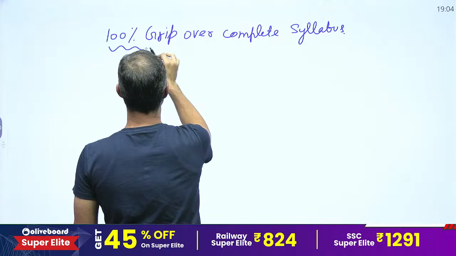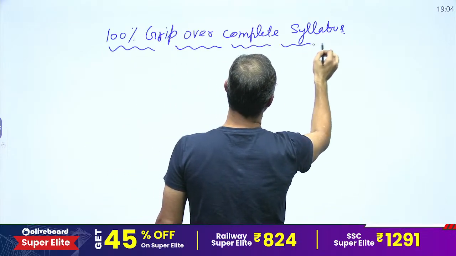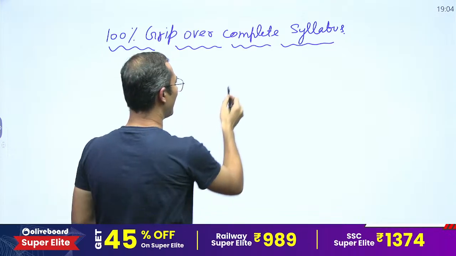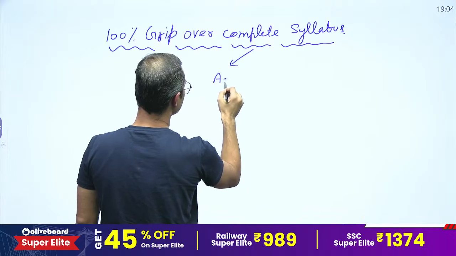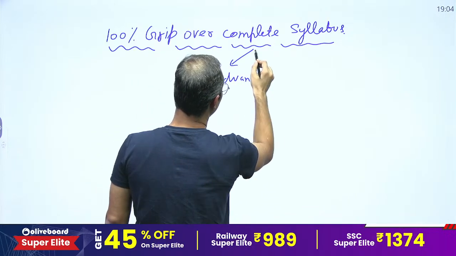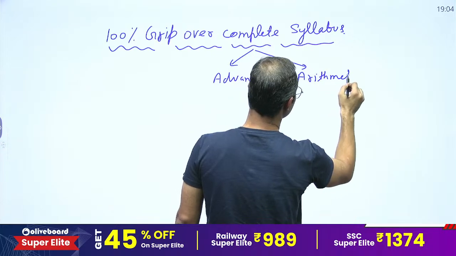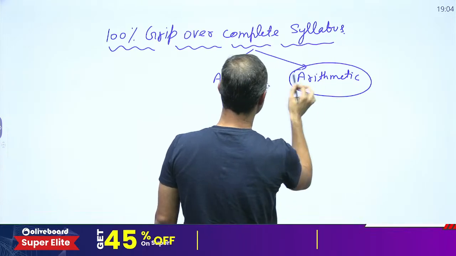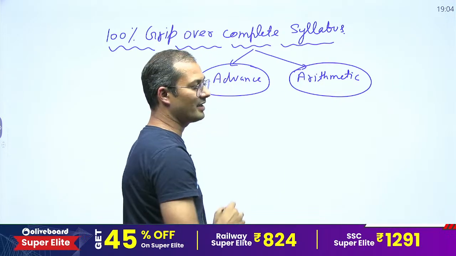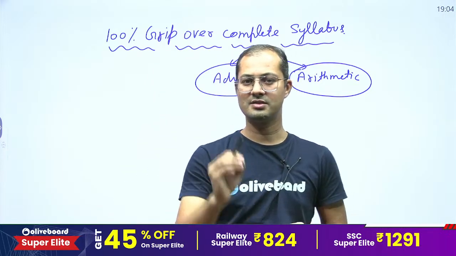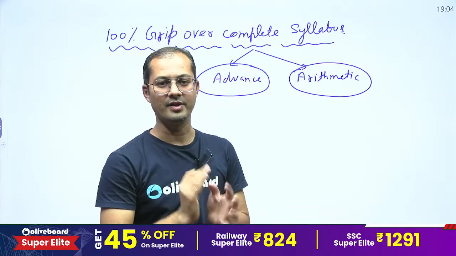Nothing must be left out. Each and everything, whether it is advanced, whether it is arithmetic, you must have complete understanding, concept wise, type wise, each and everything.